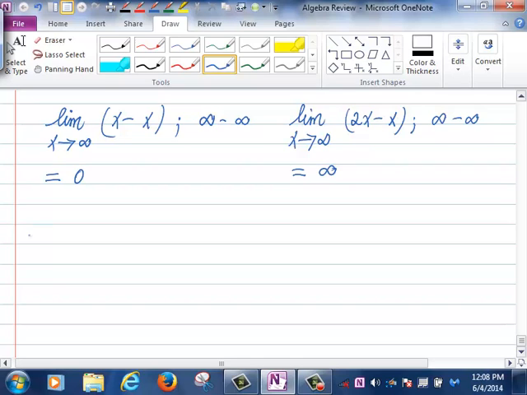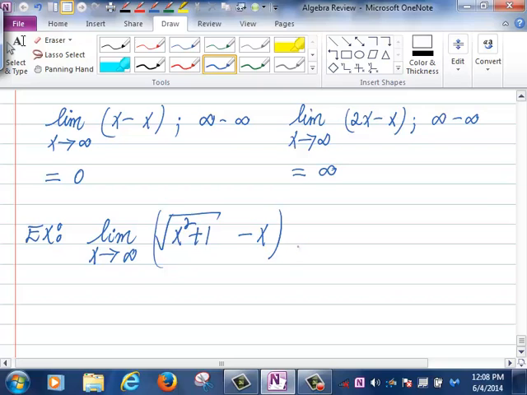So let's do another example. The limit as x going to infinity of the root of x squared plus 1, minus x.